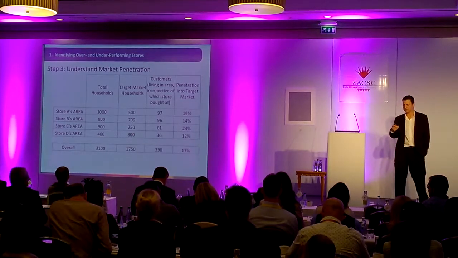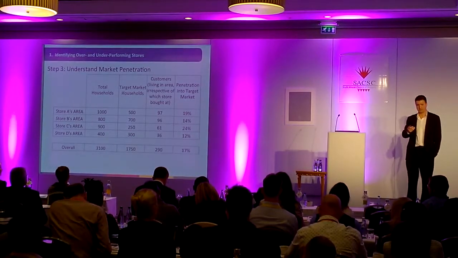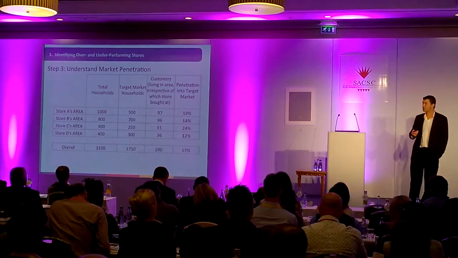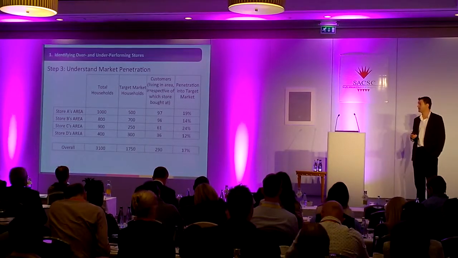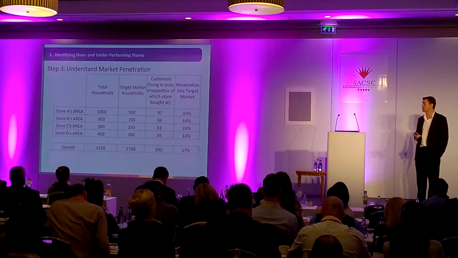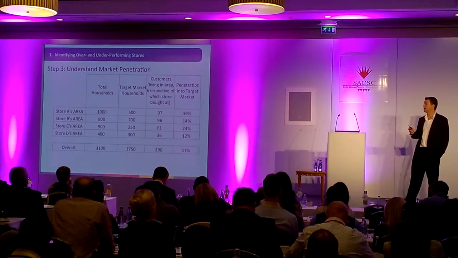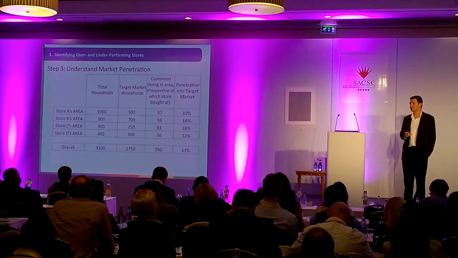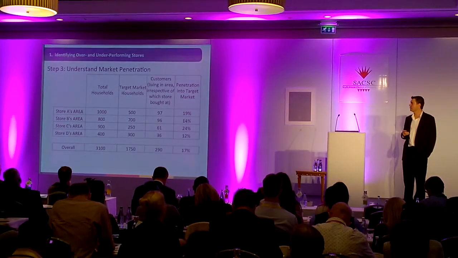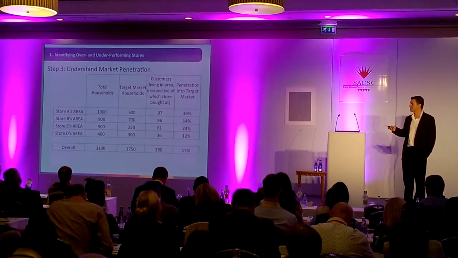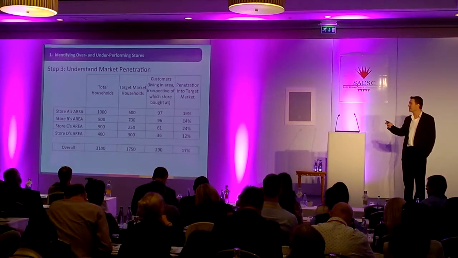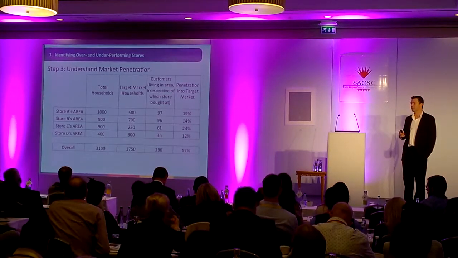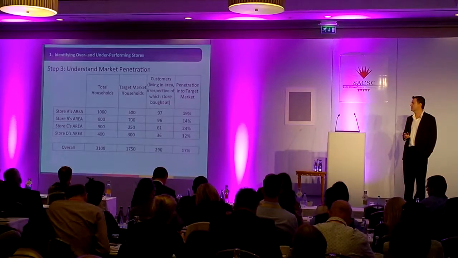We can then also look in terms of the catchment area at the target market and how the brand is penetrating that target market. And so we can count the number of households in each of the areas, and then depending on the product profile and the buyer profile, we're able to determine how many of those households are in the target market of this product or brand that you're measuring.